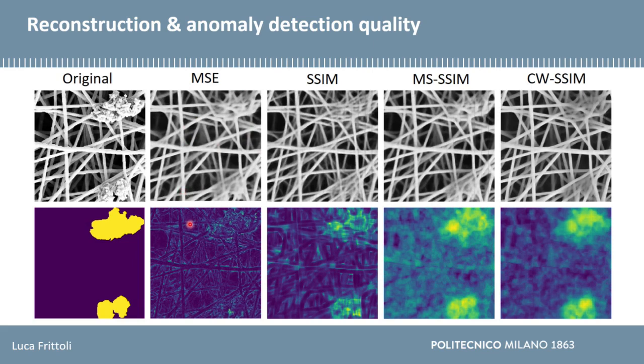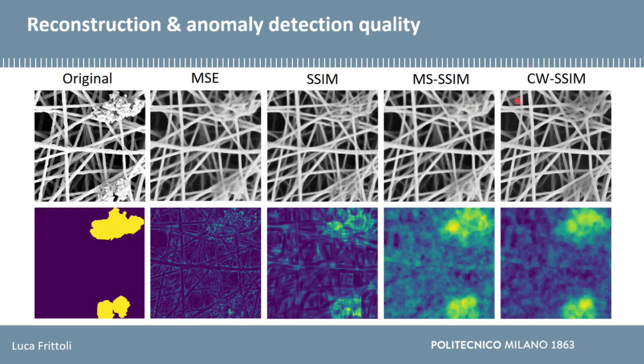This makes it almost impossible to distinguish the normal parts of the image from the anomaly. Using the structural similarity metric, the reconstruction quality improves, even though we still have some small artifacts in these cases, which I don't know if you can see.